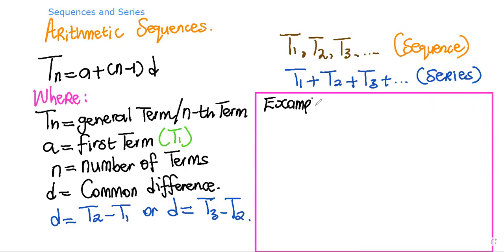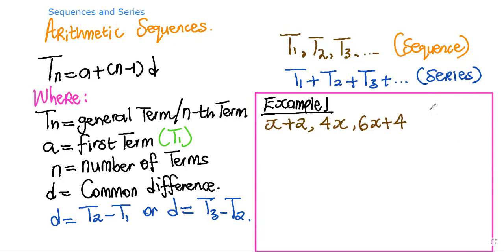With regards to example number 1, they're giving us, I'm just going to try to write it, x plus 2. They're also giving us 4x. They're also giving us 6x plus 4. They say they form an arithmetic sequence.